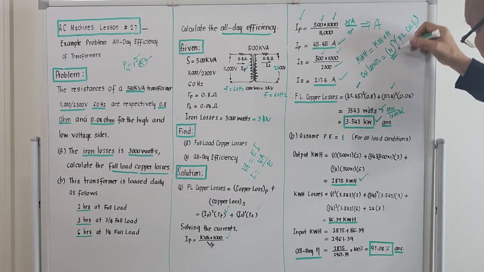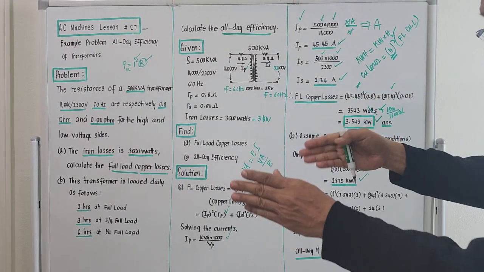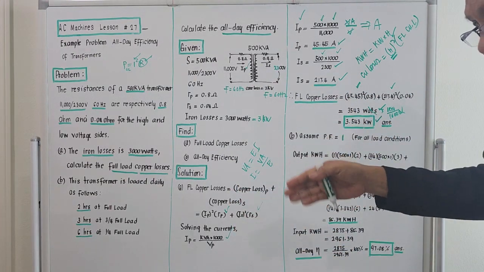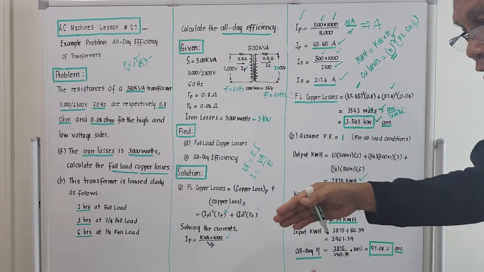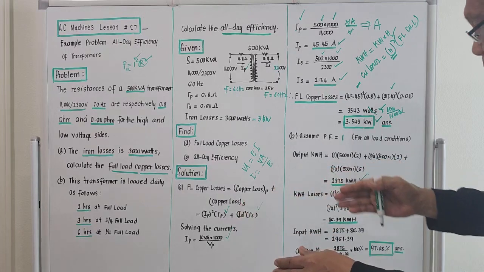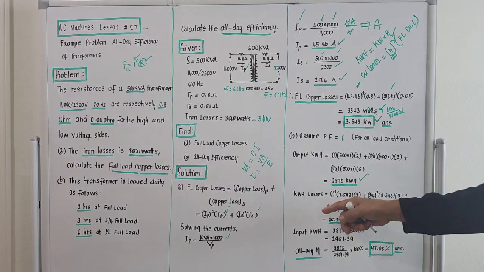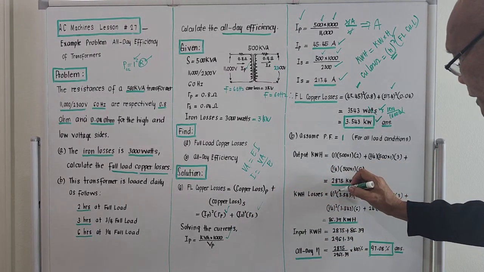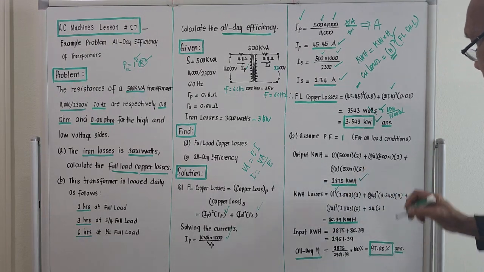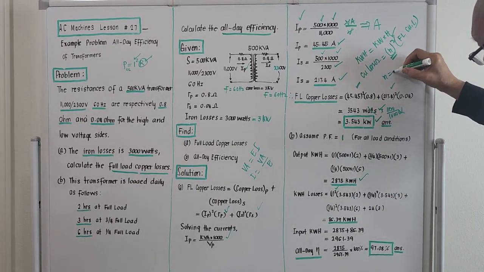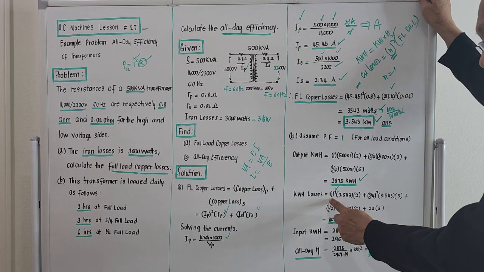There is an n here, so we have to square that one. That's why I derived the formula for the computation of the copper losses in terms of the nth loading. So for number 1, it should be 1 squared. At full load, n is equal to 1, so this is 1 squared.